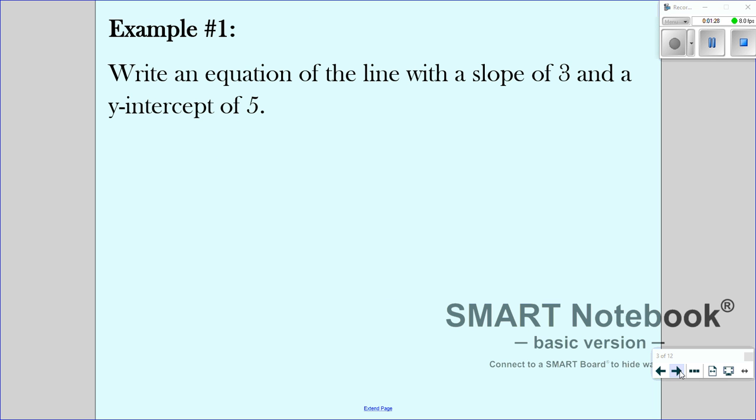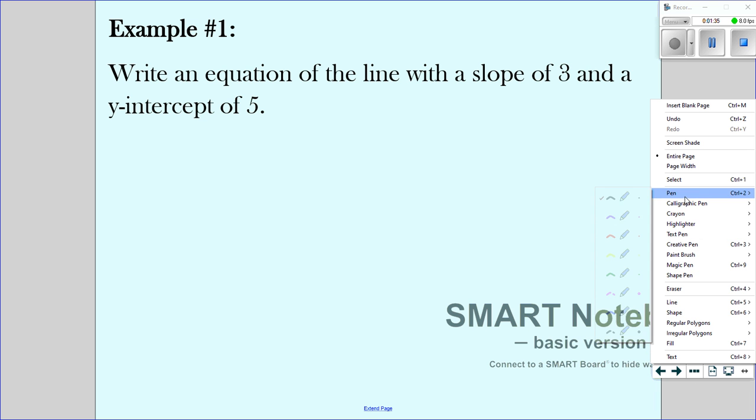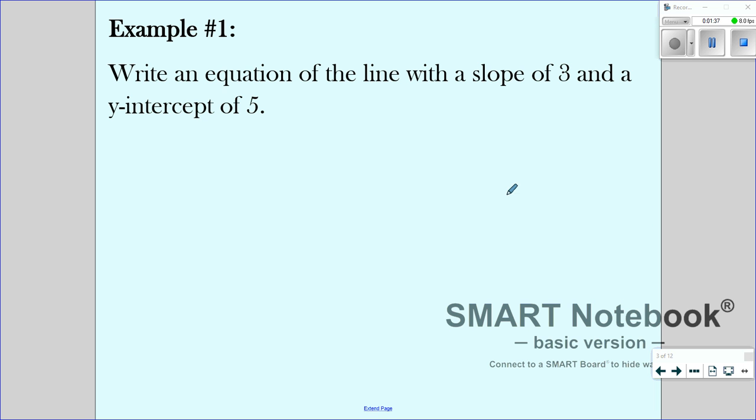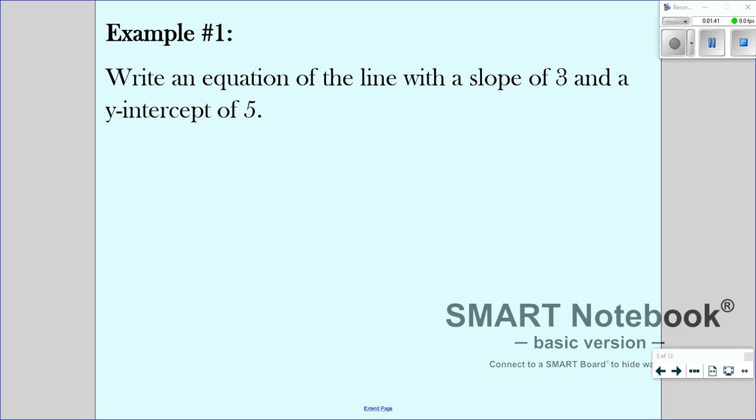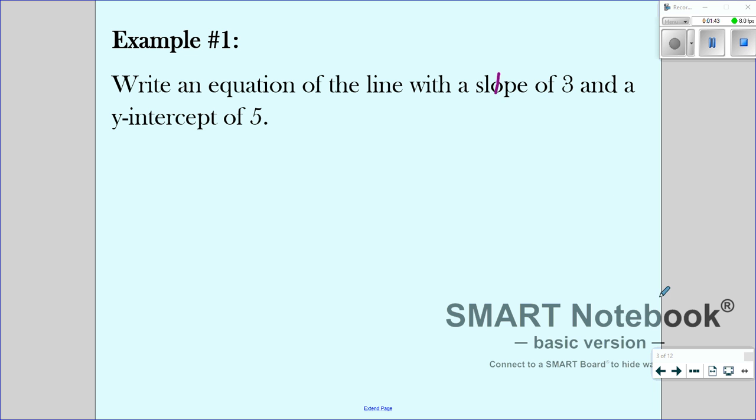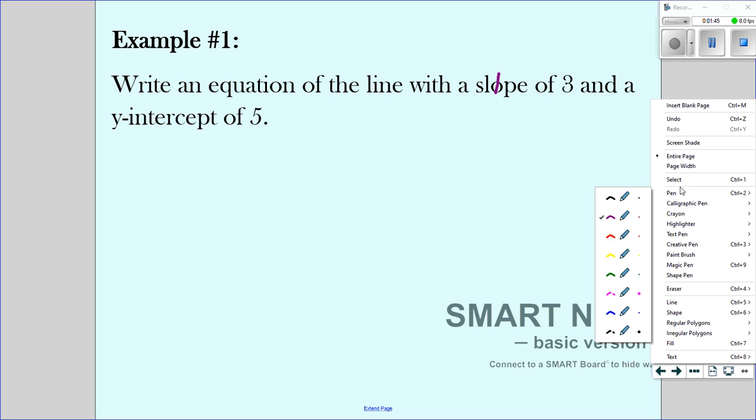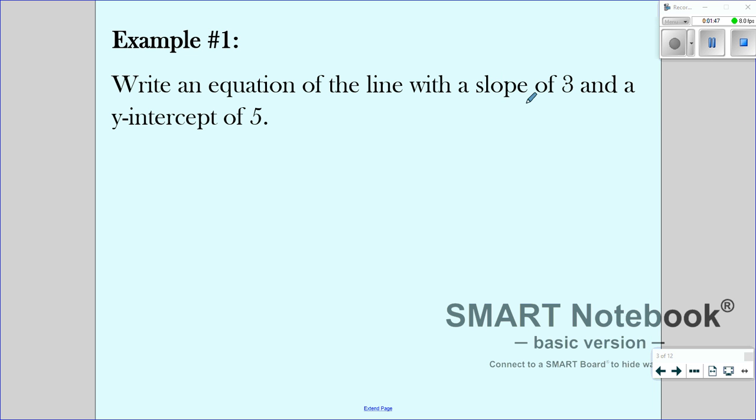So we're going to do some examples based on y equals mx plus b. For this one, it says write an equation of a line with a slope of 3. Slope represents m, so I'm going to put m, which is 3, and a y-intercept is b of 5.